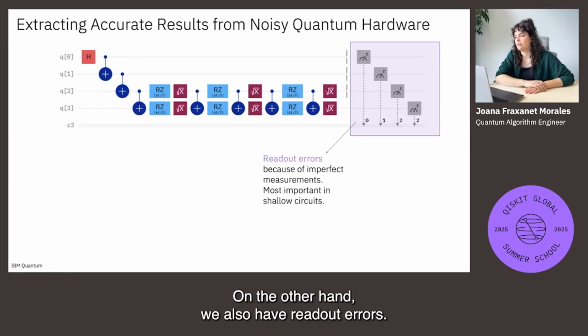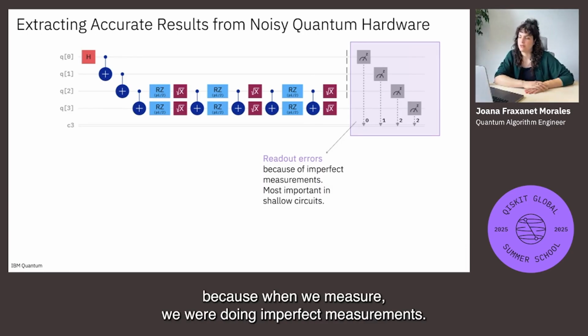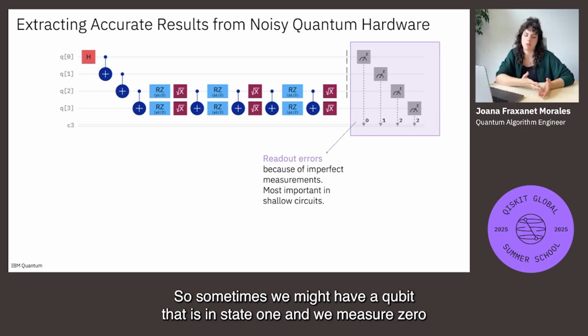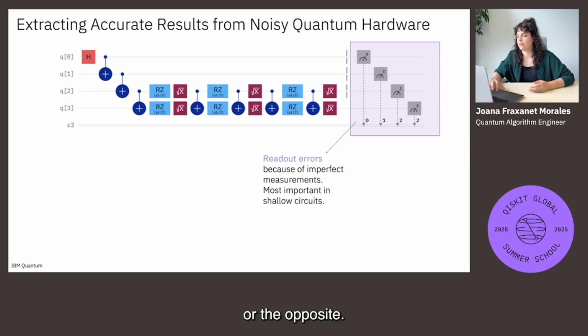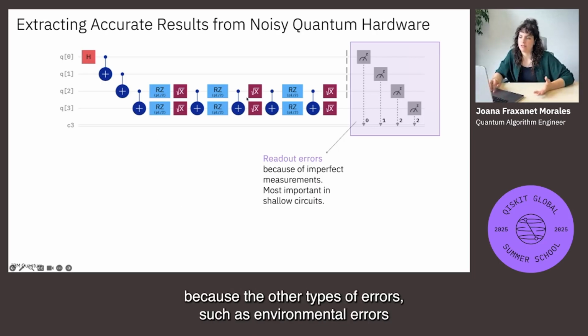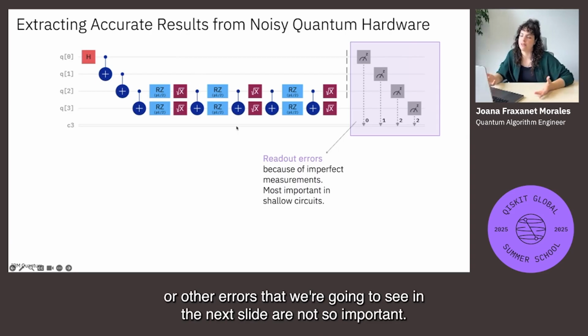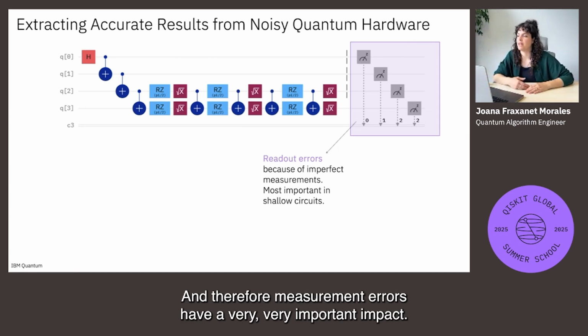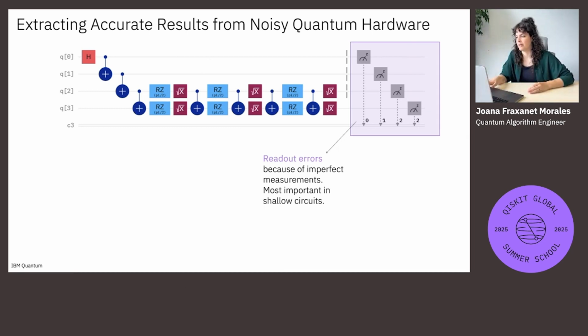On the other hand, we also have readout errors. Readout errors happen because when we measure, we're doing imperfect measurements. So sometimes we might have a qubit that is in state 1, and we measure 0 or the opposite. This is most important for shallow circuits because the other types of errors, such as environmental errors or other errors that we're going to see in the next slide, are not so important, and therefore measurement errors have a very, very important impact.